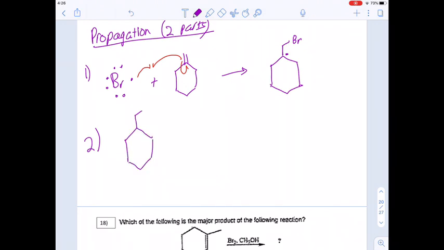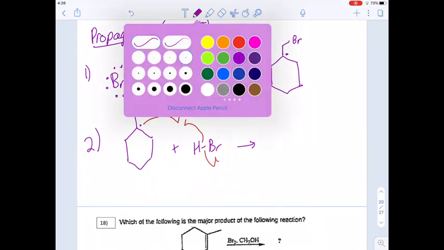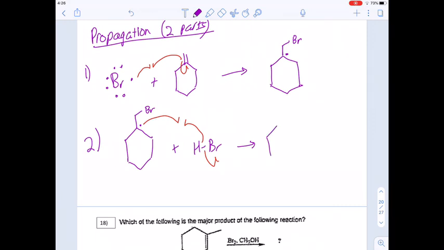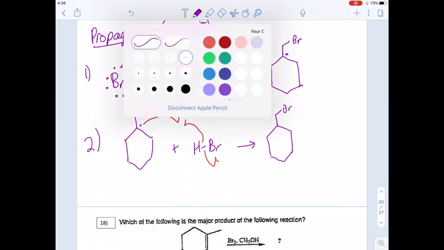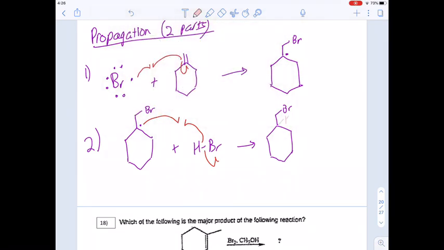Okay. And then the second step of propagation is going to be getting rid of the radical using another HBr. So the radical is going to bond with the H, and then one radical is going to form another radical Br.